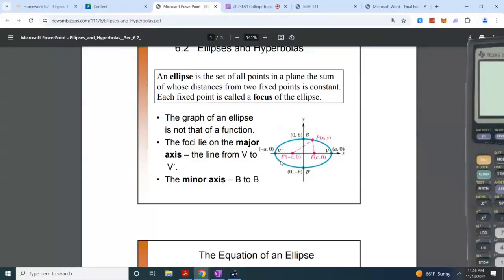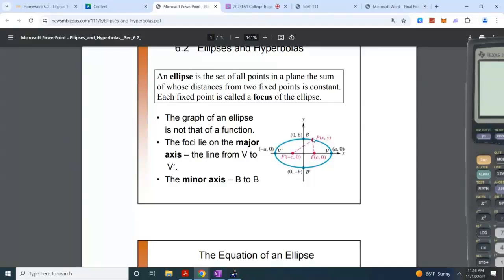If the point on my ellipse was here, I measure the distance from each focus to the point on the curve, add them together, and I get the exact same value as before, using a different point on the ellipse. So that's what makes an ellipse an ellipse.